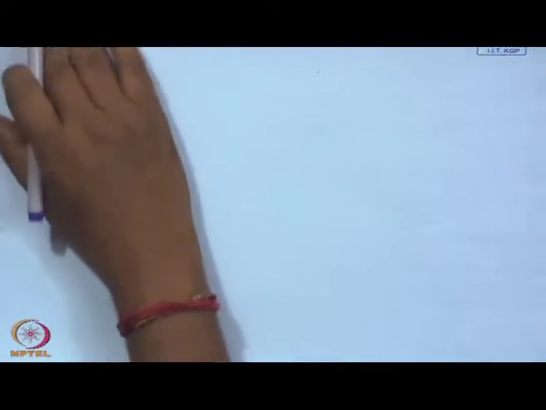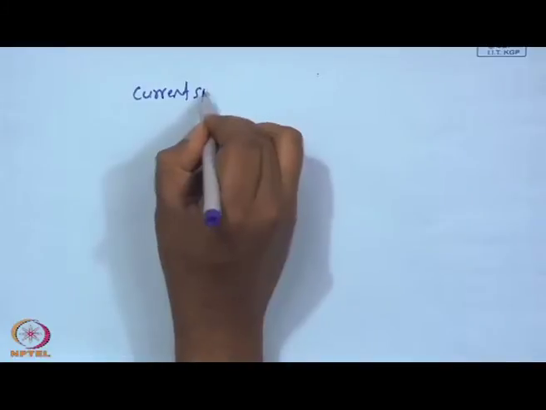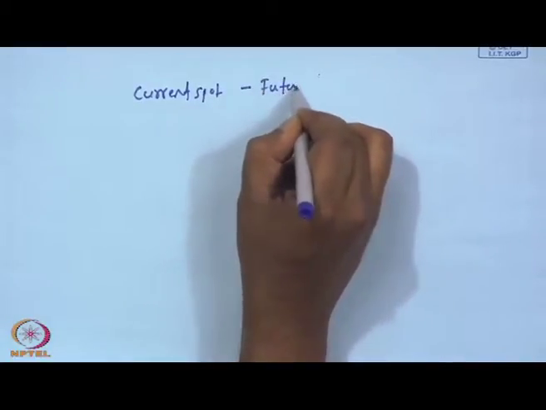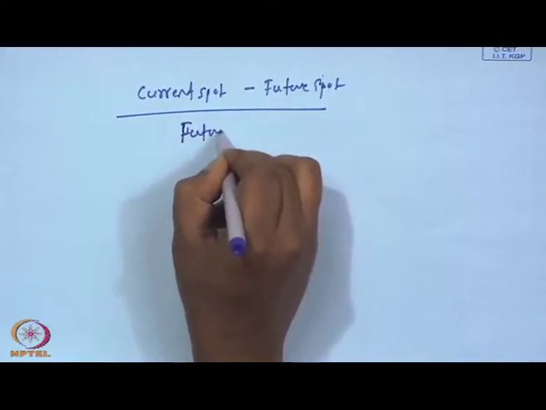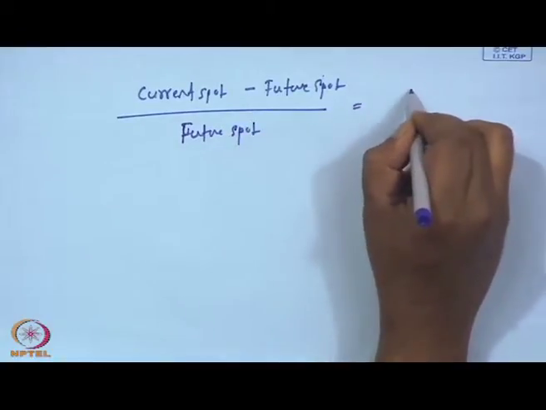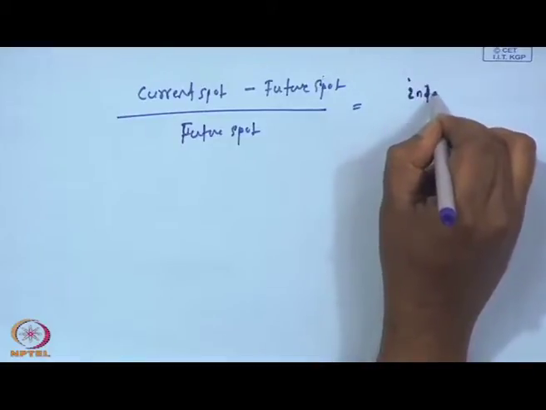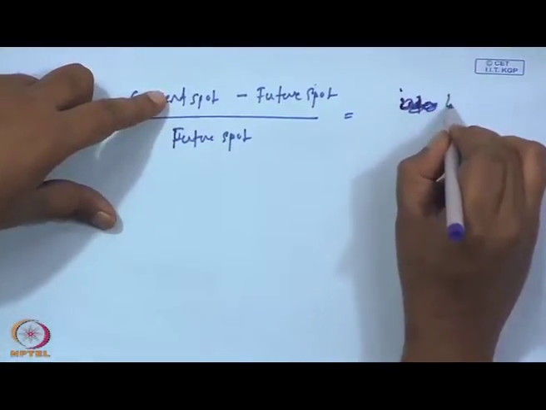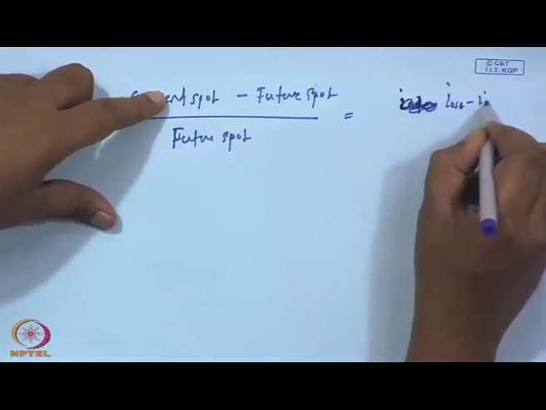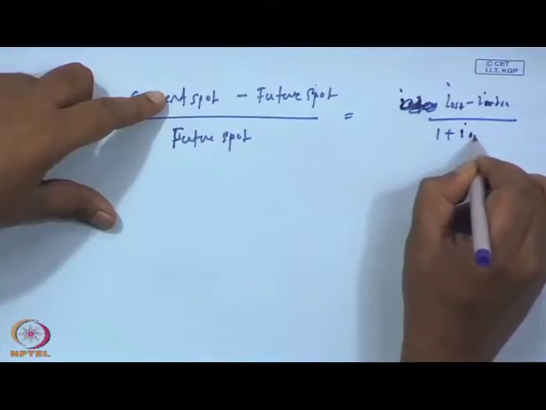We have already discussed the formula: current spot minus future spot divided by future spot is supposed to be the interest rate differential, that is I USA minus I India, divided by 1 plus I India.